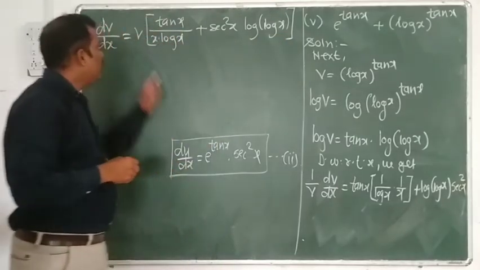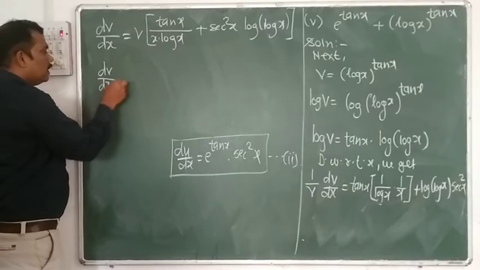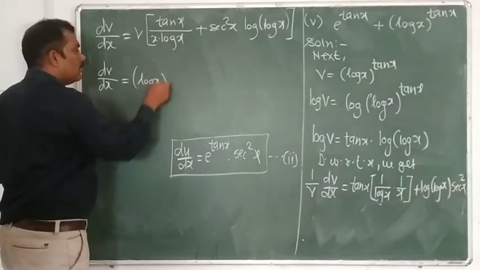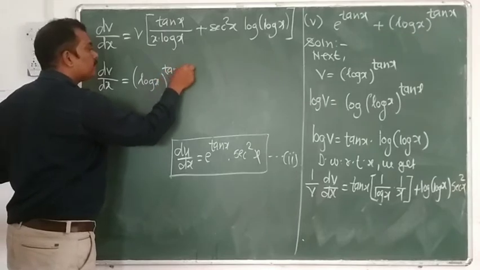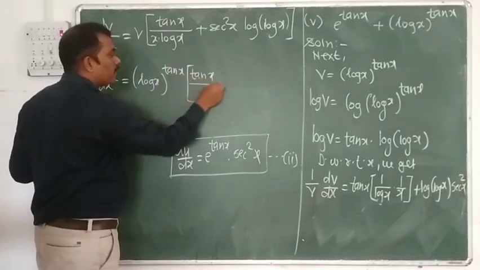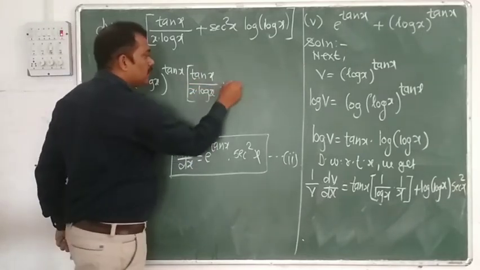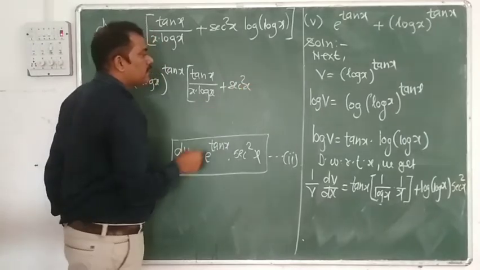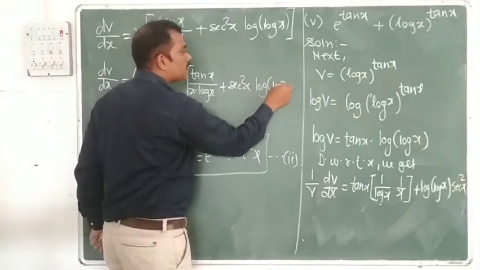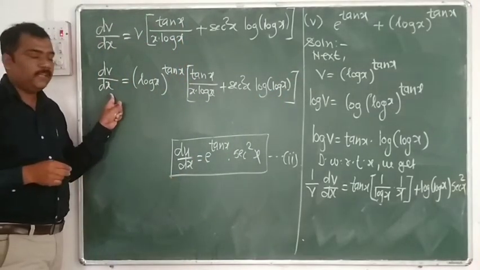Now substitute the value of v. That is dv by dx is equal to log x raised to tan x into bracket tan x divided by x into log x, plus sec square x into log x. This is the value of dv by dx.